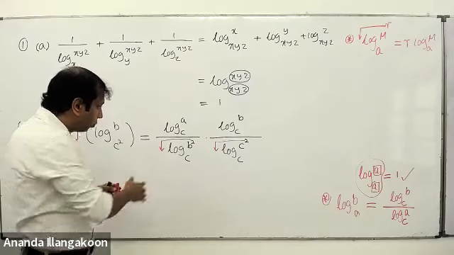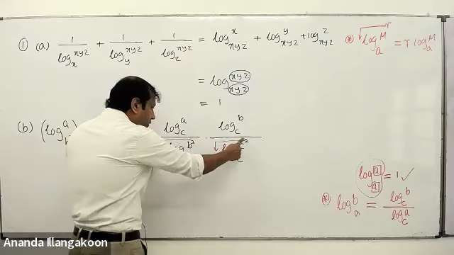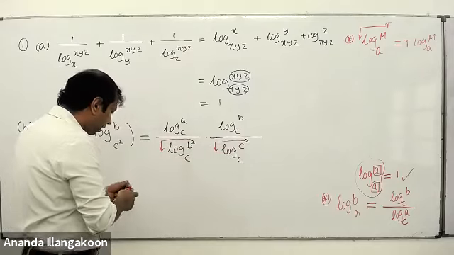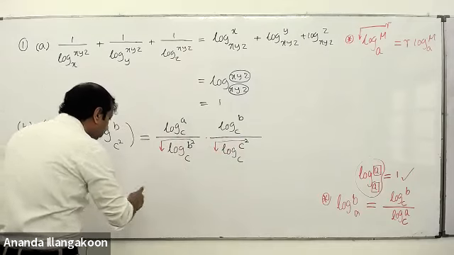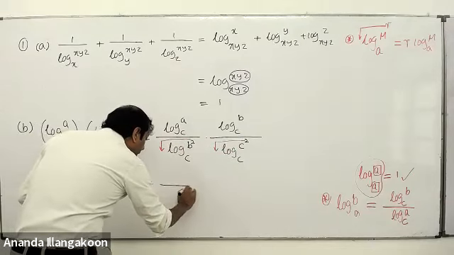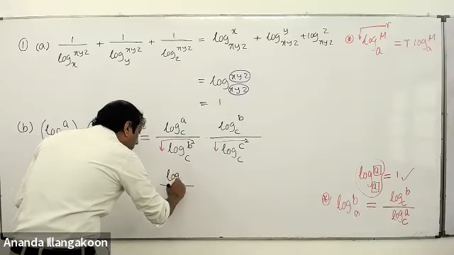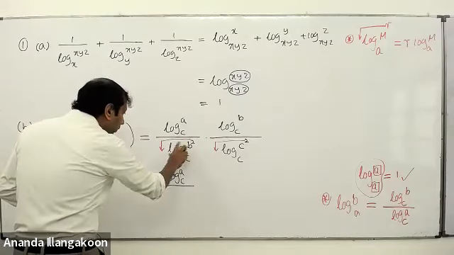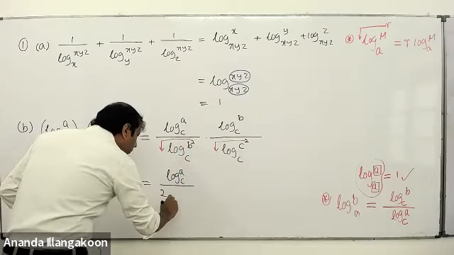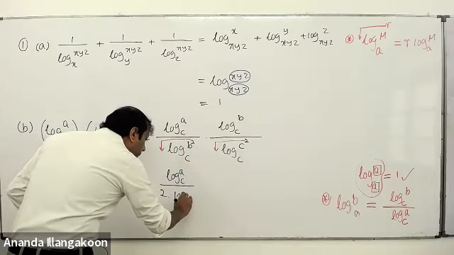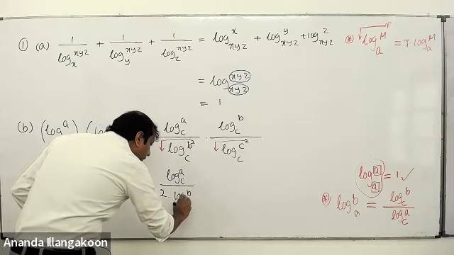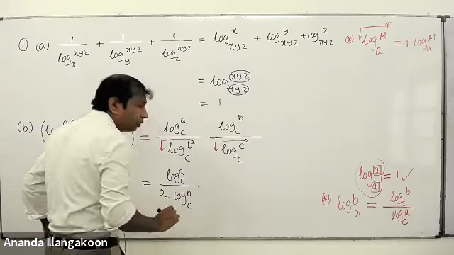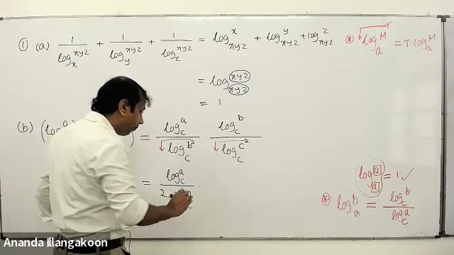See, once I bring that 2 here and this 2 here, I can write the next line like this. Here we have log A to the base C. This 2 comes here. Now 2 log B to the base C, dot means multiplication.